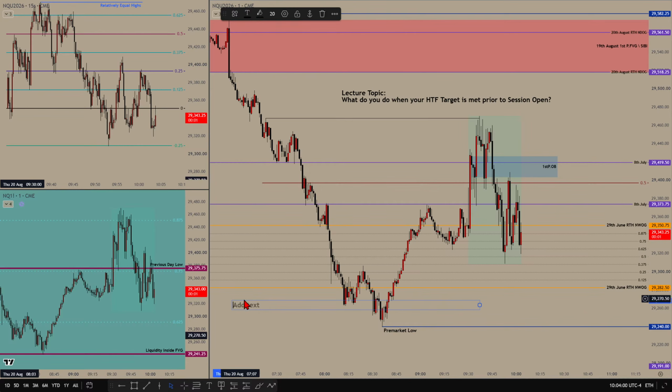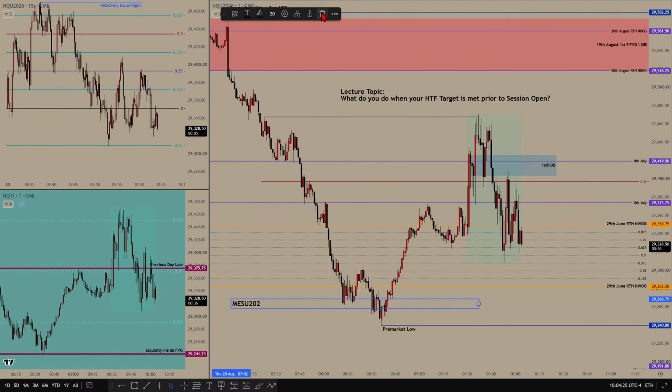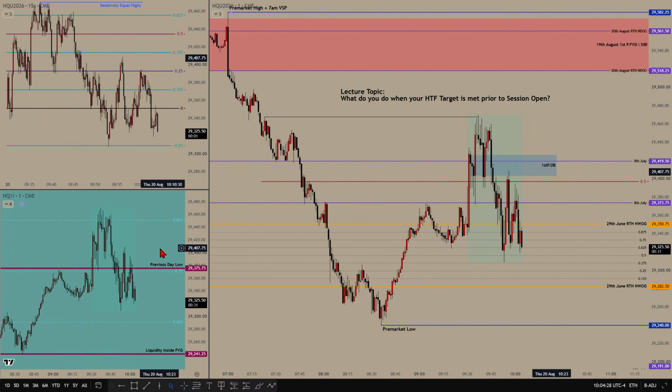So you should be using ES for charting and then MES for trading. We don't need to, you can just use the micro for both if you want. It's not like it's a problem. It's just that you'll get slightly more accurate information by using the mini.